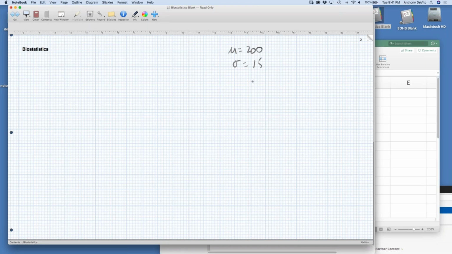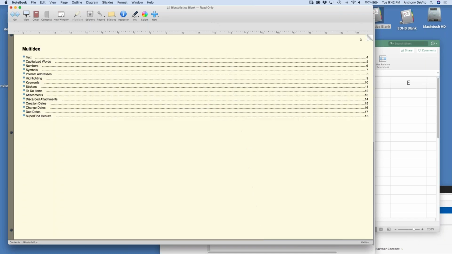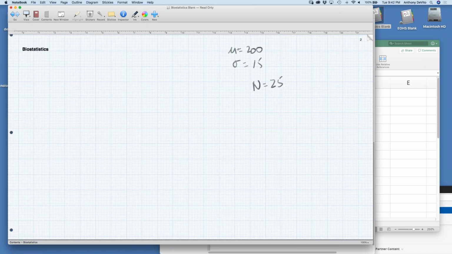The sample size we take from that population is going to be 25, right? Okay, sample size is 25. So I'm going to draw the distribution of repeated samples of size 25 from this population. What would it look like?